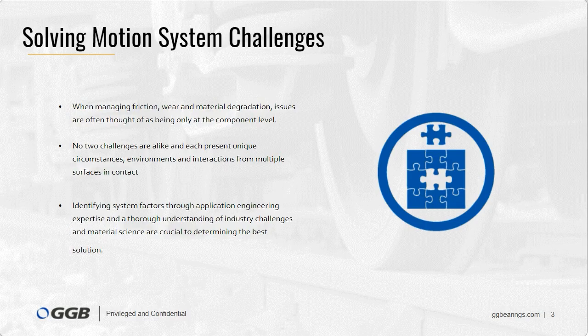There's a lot of different variables that come into play that we step back and evaluate across the board. This is why identifying system factors through application engineering expertise and a thorough understanding of industry challenges and material science are crucial to determining the best solution.